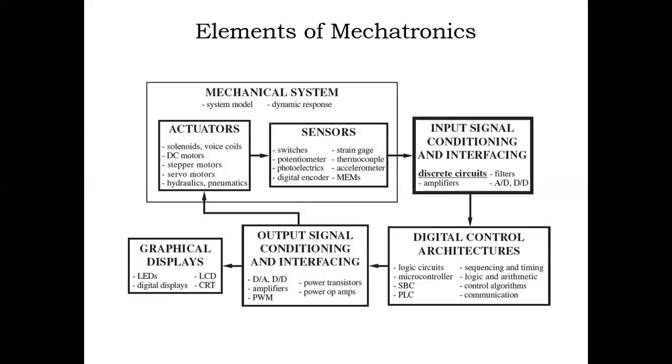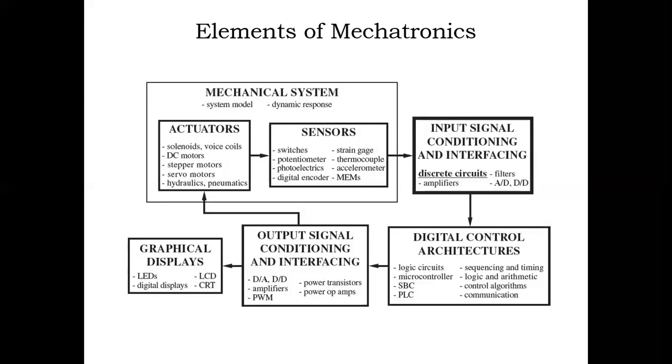We use amplifiers, PWM for different time period inputs, power transistors, and power operational amplifiers for higher output gain. This produces the output signal conditioning and interfacing, which is given to the actuator for the next process.